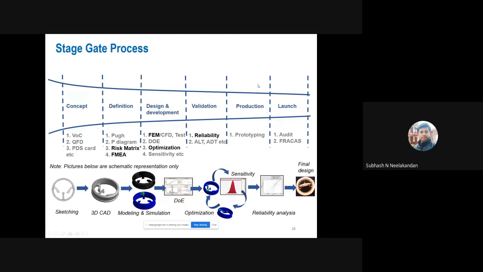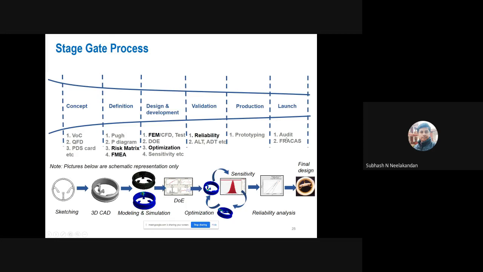Whereas in the case of R&D institutions and academic institutions which are working on technology transfer mode, the R&D team will be working either till design and development or till validation. Followed by that, it will be technology transferred to a commercial partner who will be performing the production and launch. In foreign countries, there is a practice post-launch: there is an audit, and there is failure reporting and corrective action.